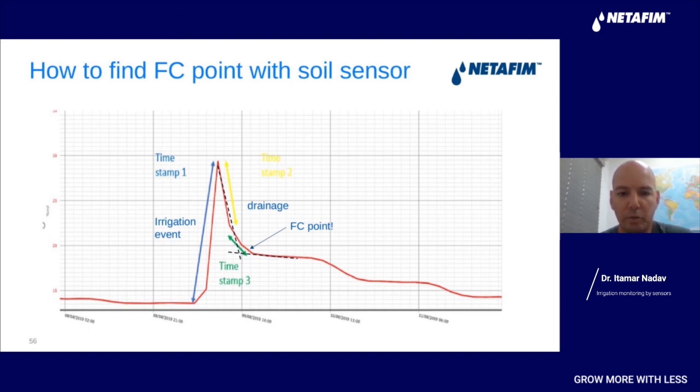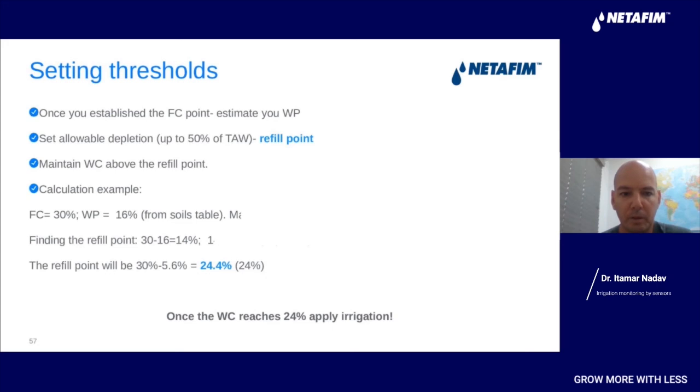So this is the way to find the field capacity for each one of the soils. This is something that you need to do only once, and after that you know your field capacity for that specific soil.